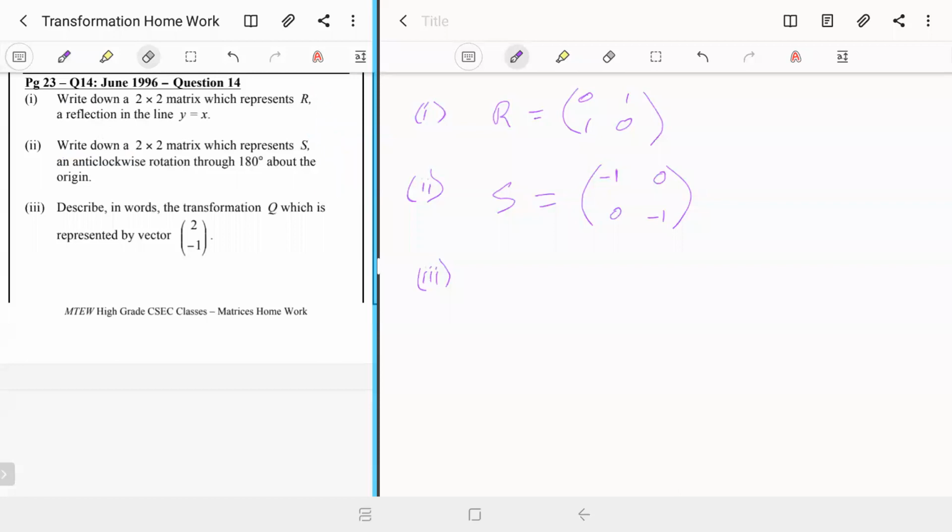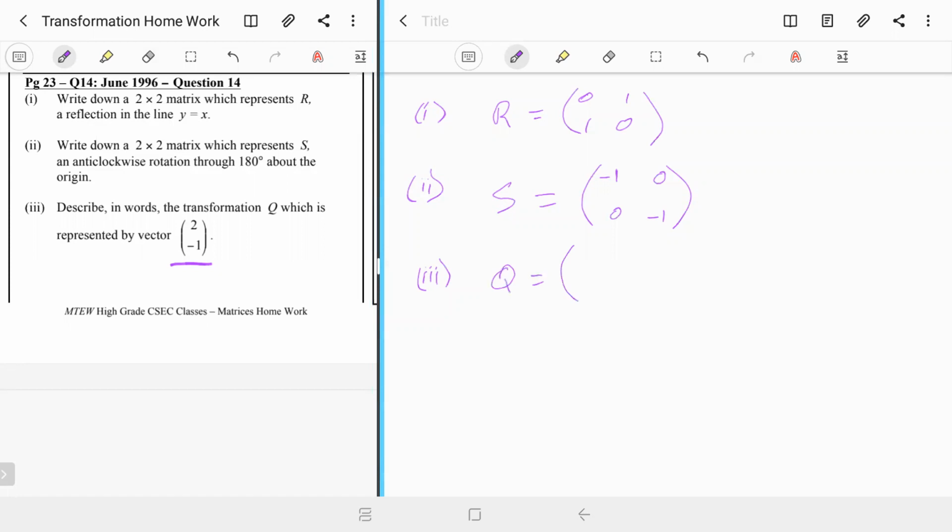You have to learn the must-know items, guys. Next part: describe in words this transformation. It's a translation. Translation is the only transformation that is represented by this, and you have to say it's a translation. Let's write it down like this now.